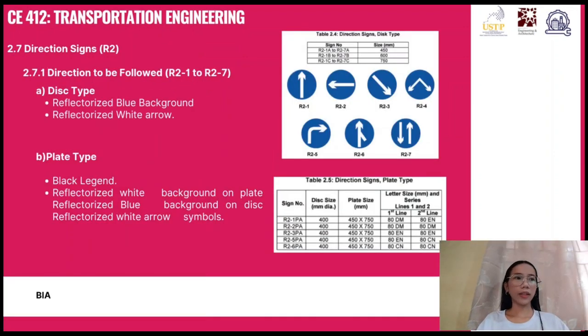So next is 2.7 directional signs, which has two subtopics. The first topic is 2.7.1, direction to be followed, or R2-1 to R2-7. It has two types. The first type is reflectorized blue background with a reflectorized white arrow, as you can see in the picture.